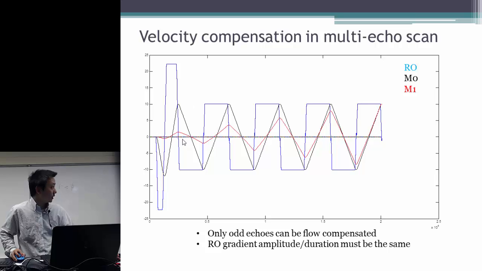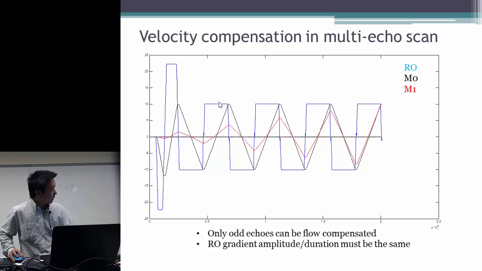For multi-echo gradient echo, we usually play out a series of alternating readout gradients to collect the k-space lines.